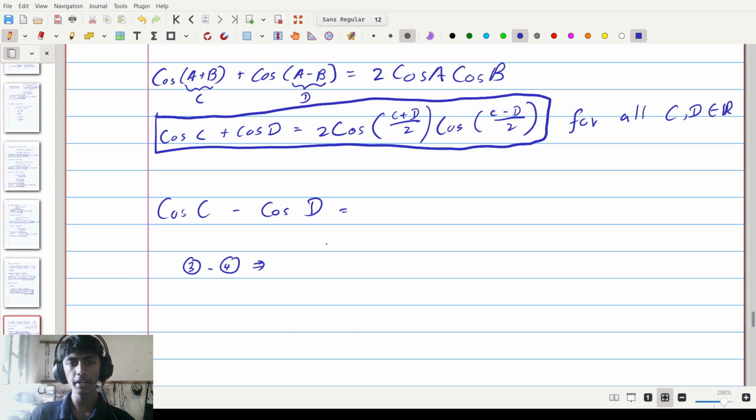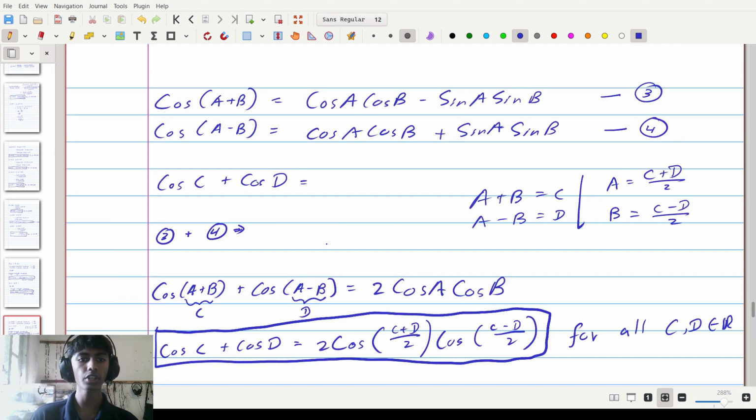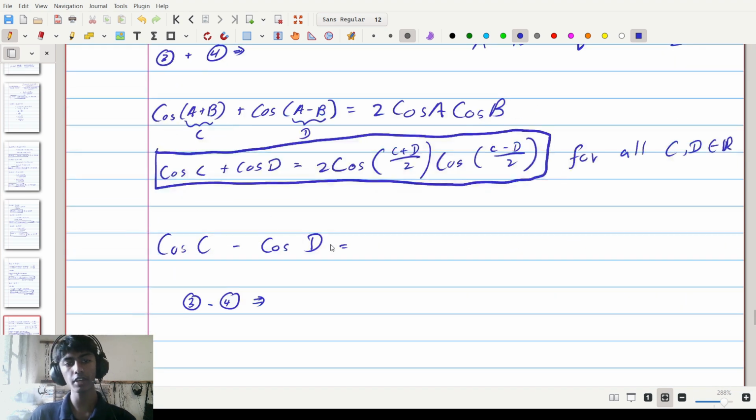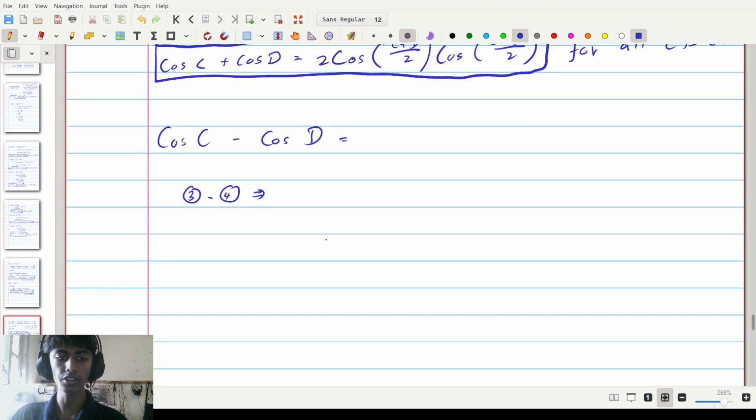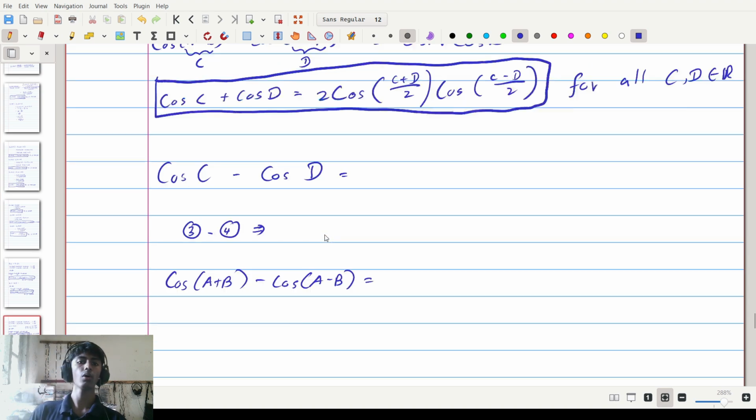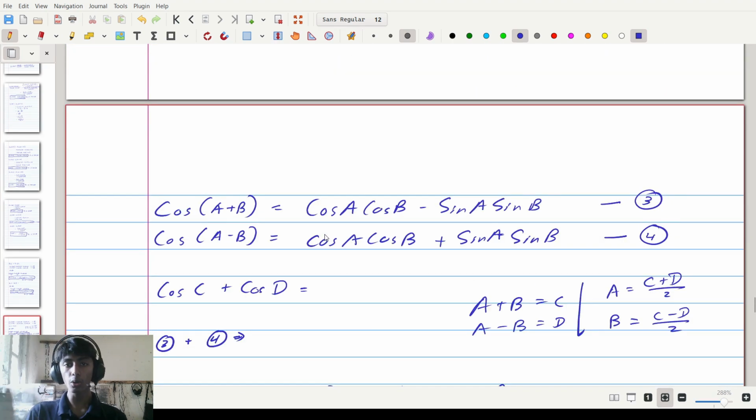So considering 3 minus 4, on the left side we have cosine of A plus B minus cosine of A minus B. On the right side we have cos A cos B minus sin A sin B minus the entirety of the second equation's right hand side.